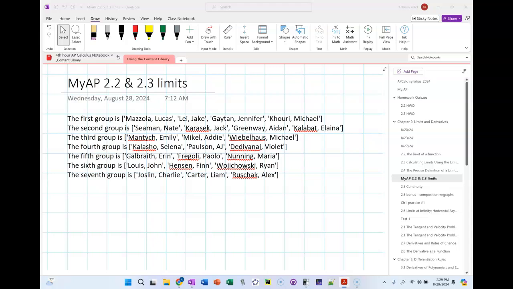So you log into your MyAP. Chapter 1, practice number 1 should be there right away. What if it's like x plus 1? I think A and B are both correct.